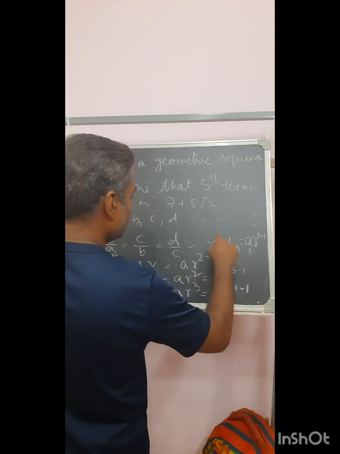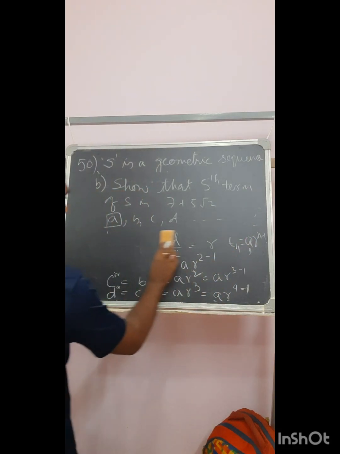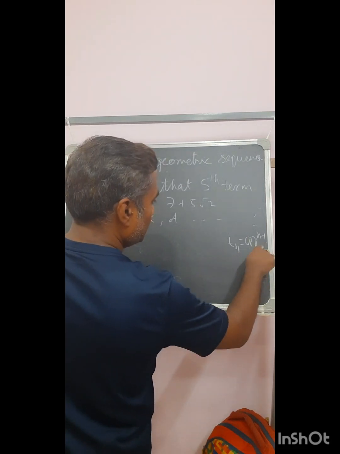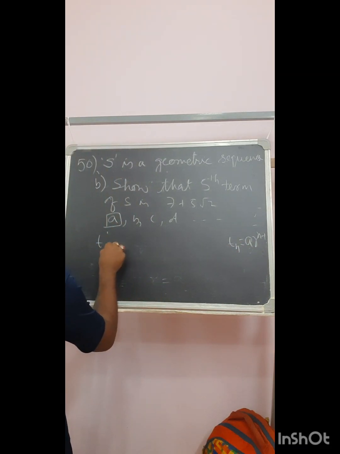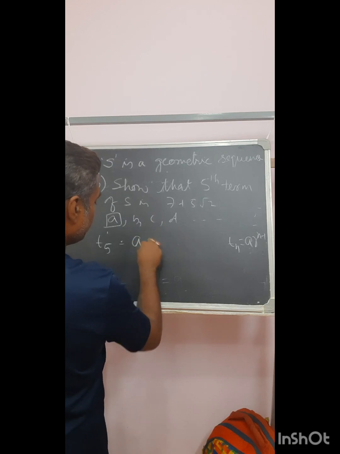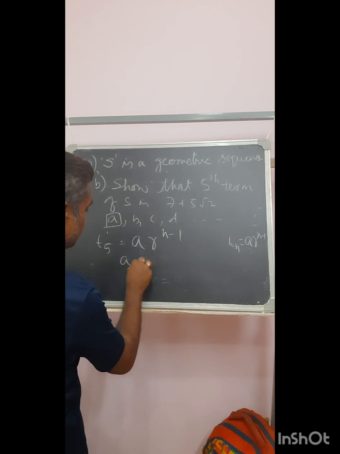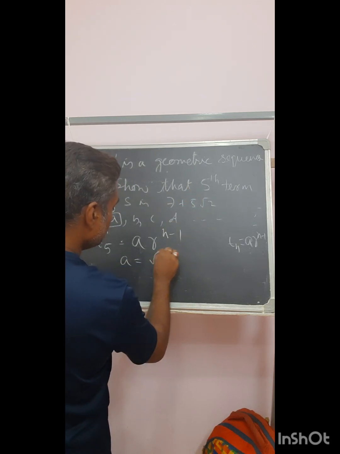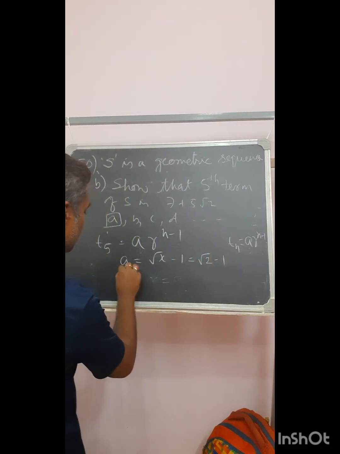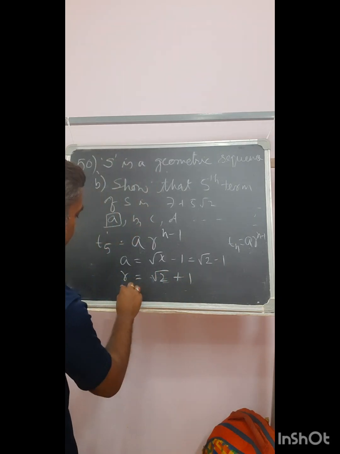So from that, I can establish any term of any geometric series represented by a into r to the power n minus 1. For this case, I have to calculate the fifth term. So the fifth term would be a into r to the power n minus 1. Here I know the values of all. A is the first term of this, root 2 minus 1, and r is already set, root 2 plus 1, and n is equal to 5.